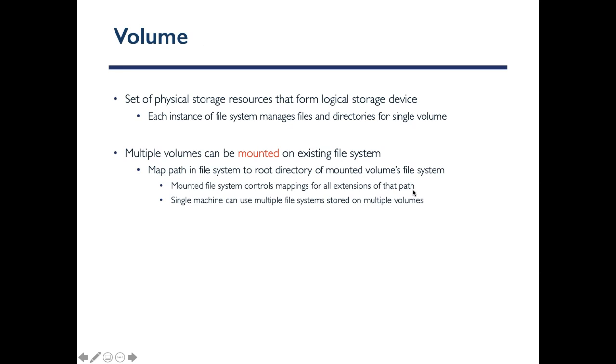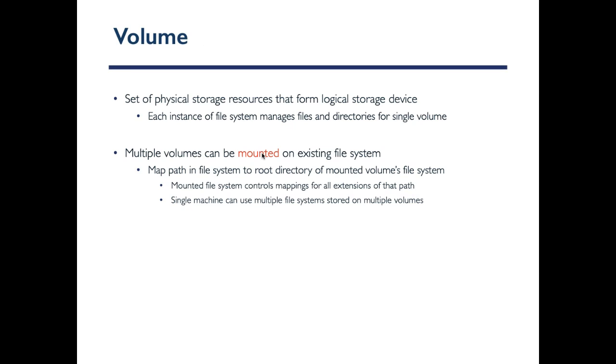Now, you could mount a volume to an existing file system. This is another term that you probably will hear a lot when you're working with file systems. Let's say you have a volume with a file system and you have another volume with another file system.